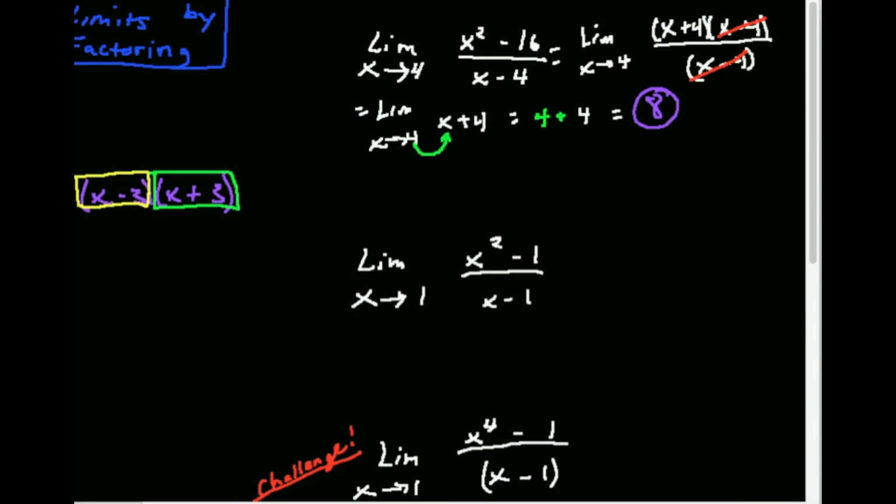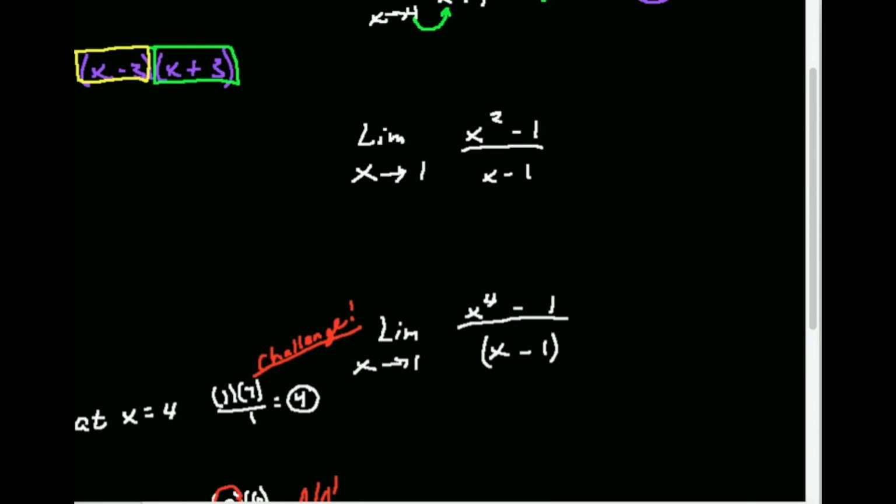All right, let's do another example. So here's another one that's very similar. Let me go ahead and write the limit notation. So I have the limit as x goes to 1 of x squared minus 1 divided by x minus 1. Remember, if I have something of a variable squared minus a number, I'm going to take the square root of x squared, and that's just x, right?